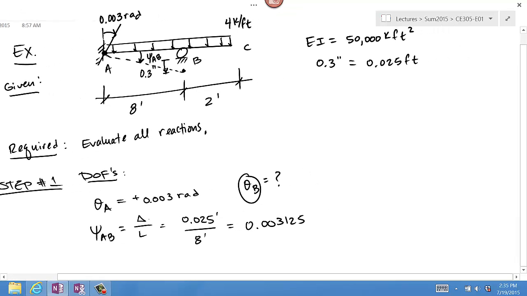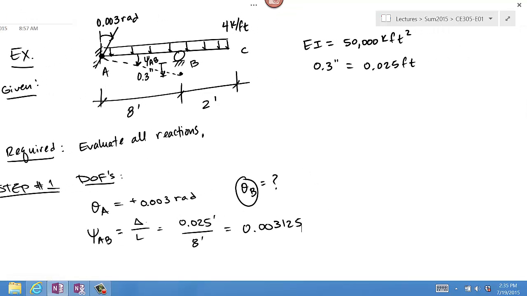Now let's take a look at span BC. If you haven't noticed yet, span BC is a cantilevering span, and so for cantilever spans we basically are not going to write out all of the slope deflection equations. In other words, remember we had the general case span and then we had the special case span.